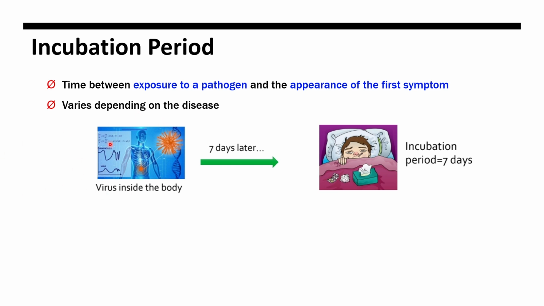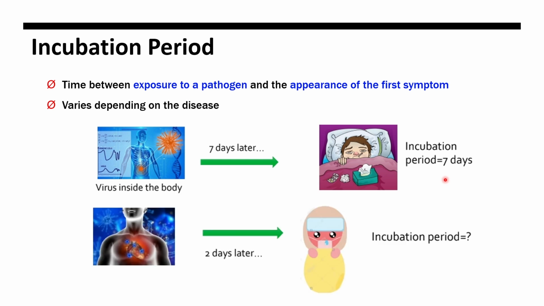So, here if a virus infects, after 7 days it will show the first symptom. This is just an example. So, what is known as the incubation period? The time from exposure to the time of appearance of the first symptom. So, the incubation period here is 7 days. In this case, what is the incubation period? It is obviously 2 days.